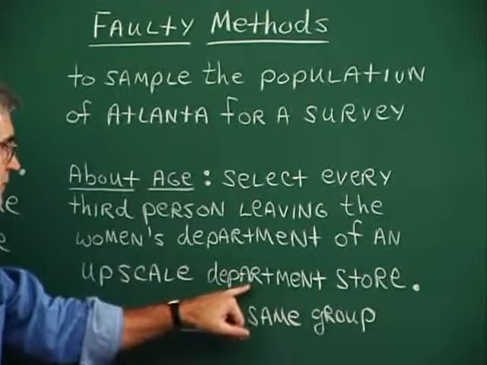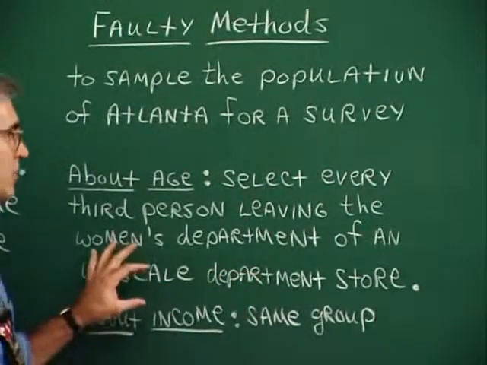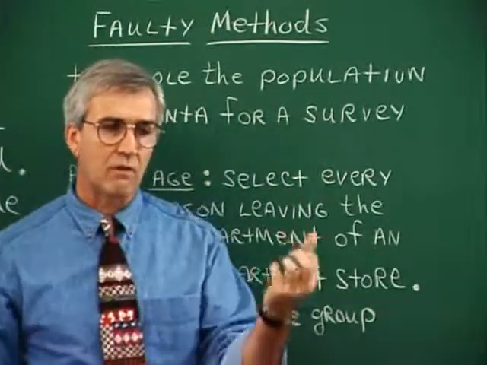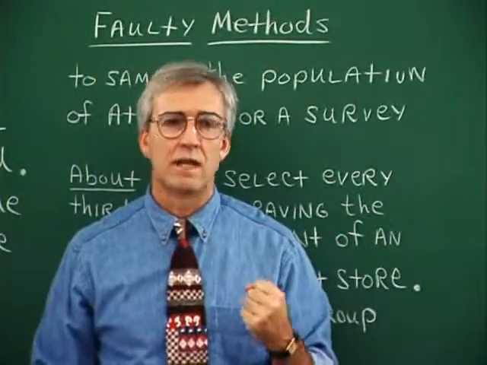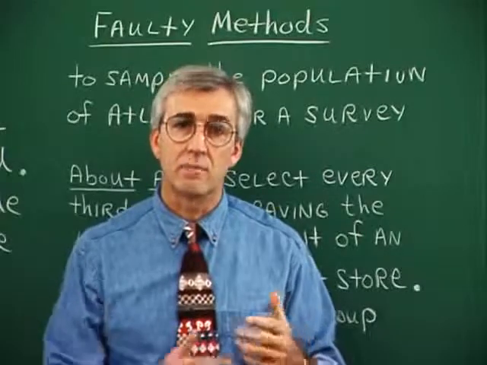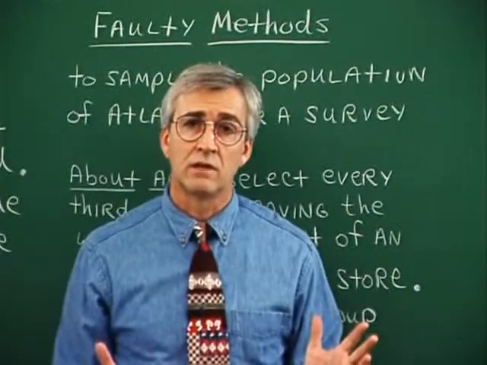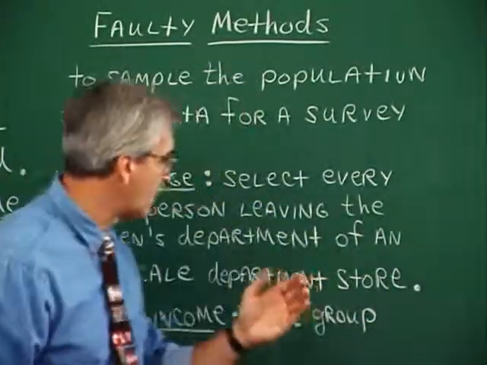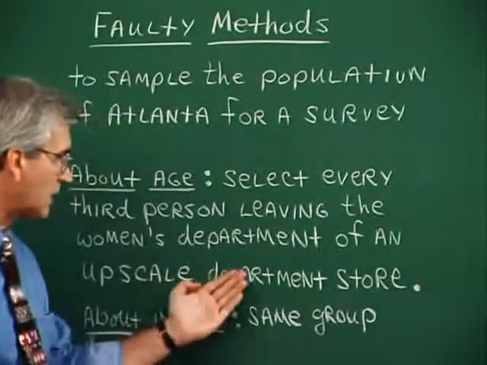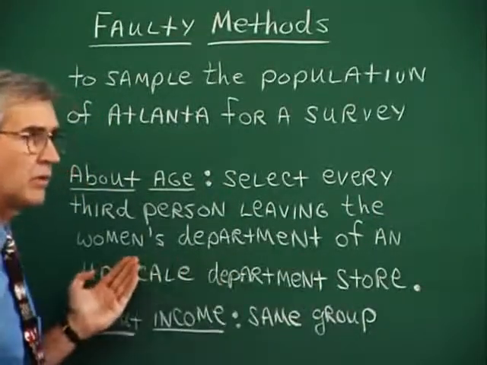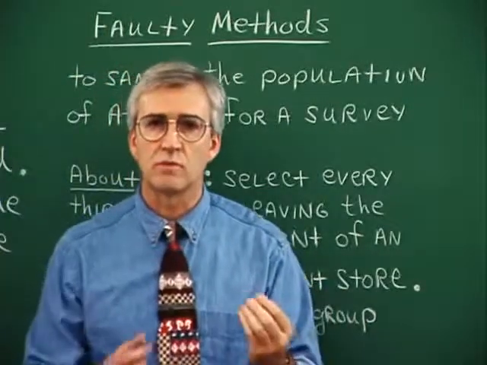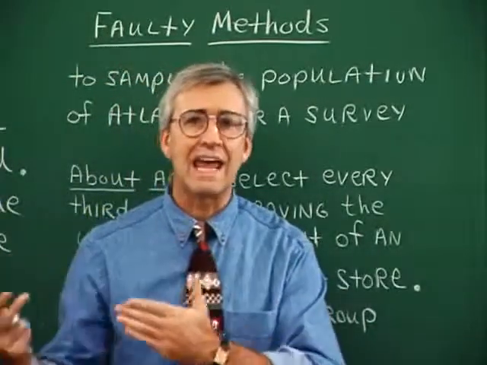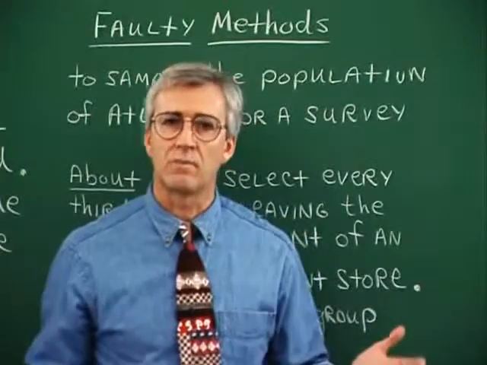If we're talking about an upscale department store, then that probably puts the people coming out of that department into a certain income bracket. They would be in a higher income bracket than the population generally, you see. And again, if we're talking about an upscale department store, then probably we're talking about a greater portion of those individuals being of an older age than the general population might be.